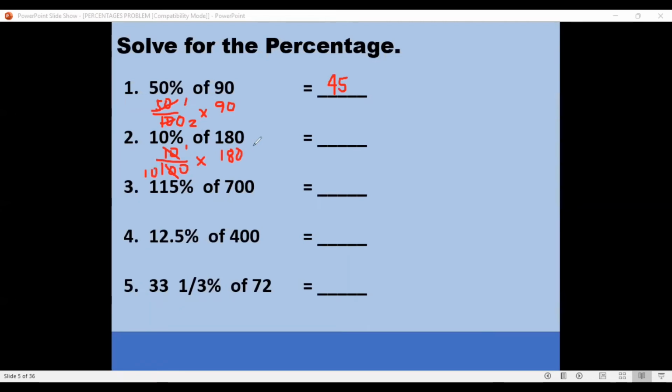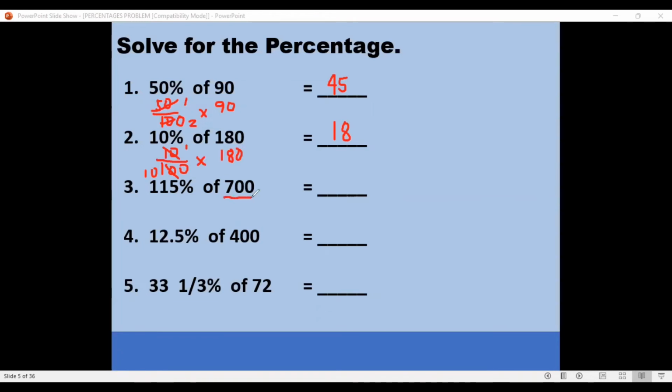And therefore, if you are getting the 10% of this number, which is 180, our answer is as simple as 18. This is actually very applicable, especially when it comes to discount problems. Now, you have 115% of 700.